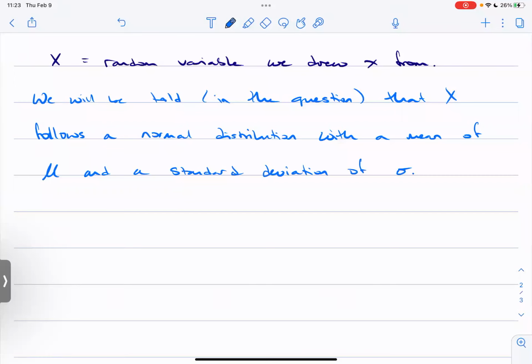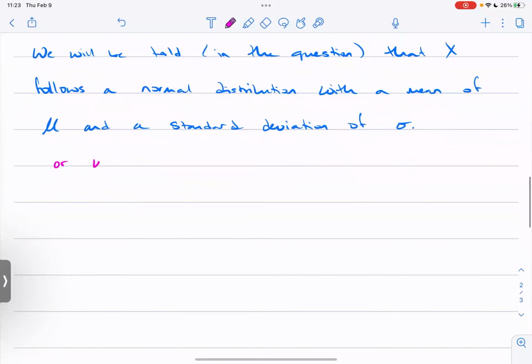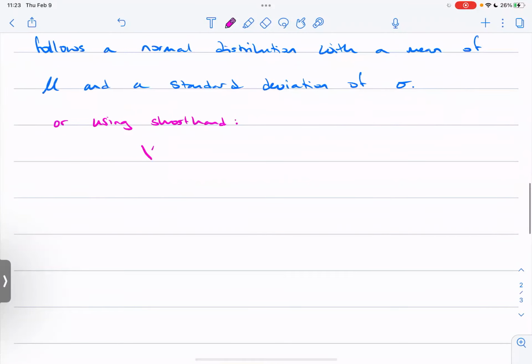In shorthand notation, because that's a lot to write, we would say that X follows, and we use a little tilde to denote follows a.